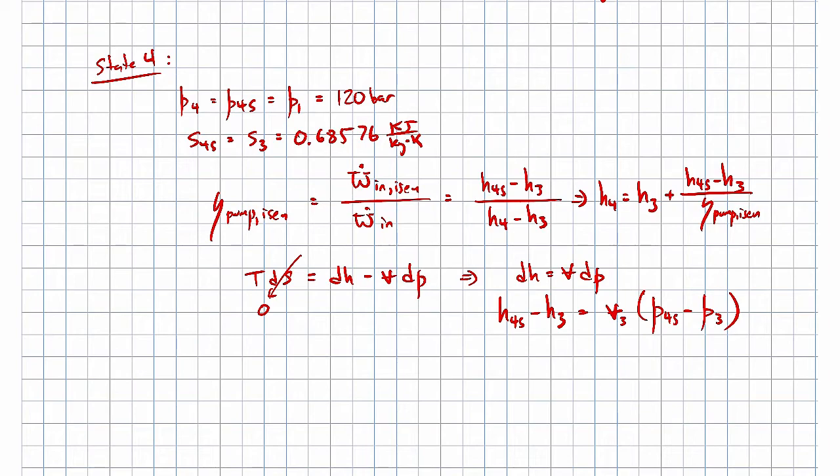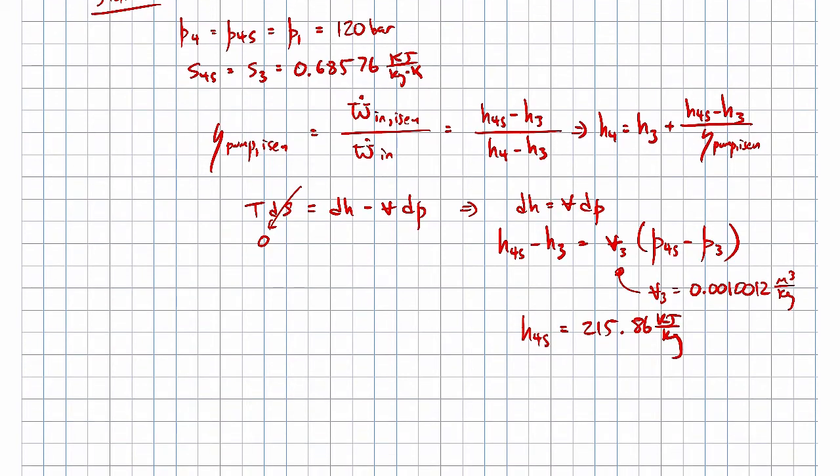Right, so we could solve then. The specific volume at state 3, we could look that up from our property tables, and if you do that, that comes out to be 0.001012 cubic meters per kilogram. We know our pressures, we know H3, so we can solve for H4s. That comes out to be 215.86 kilojoules per kilogram.